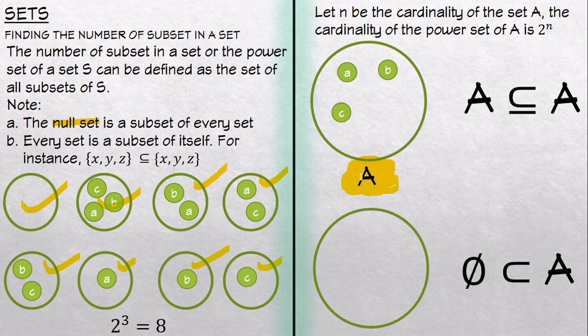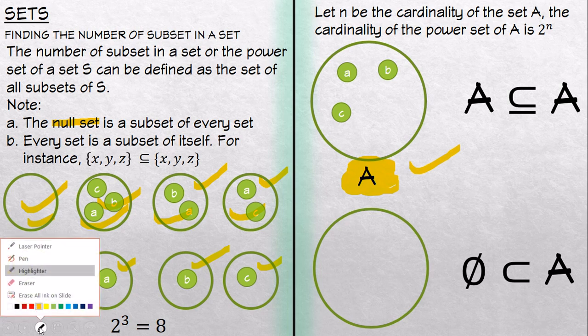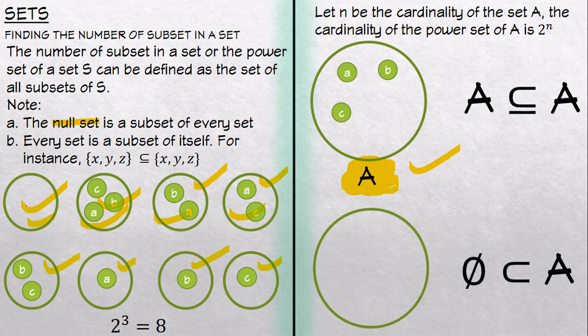To count the number of subsets in the set A, all these are sets, and they are subsets of the set A. If you are to count, we have 1, 2, 3, 4, 5, 6, 7, and 8.